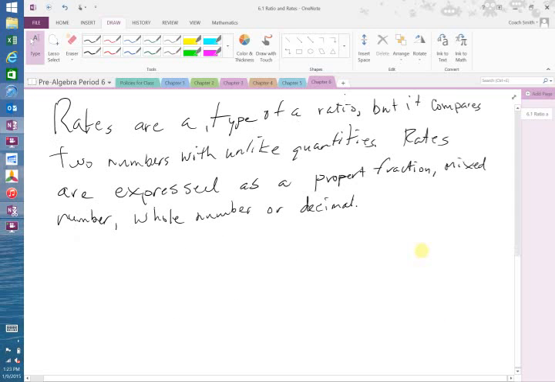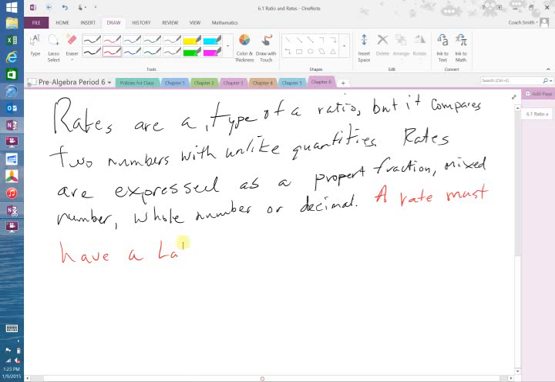Let me give you an example. Well, the other thing, let me put this in red. A rate must have a label.